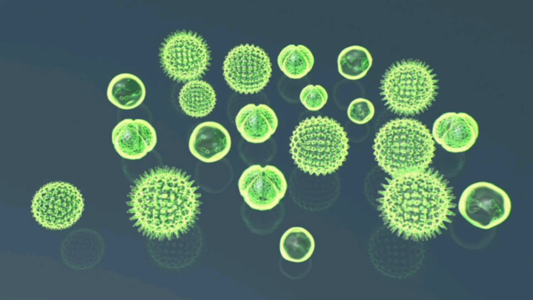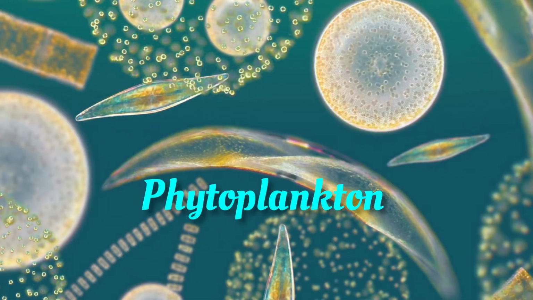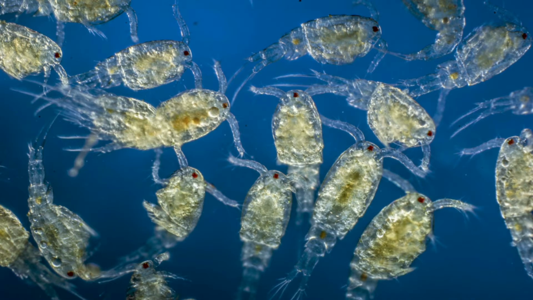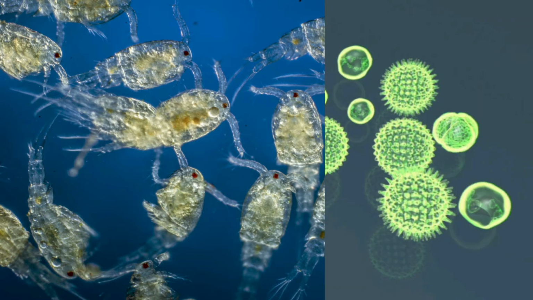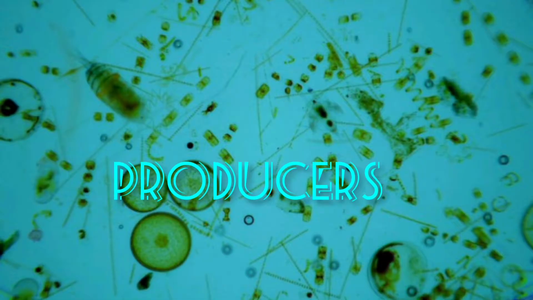These are microscopic organisms floating freely on the water surface. Plankton are again classified into 2 types, zooplankton and phytoplankton. Zooplankton are the microscopic animals found freely floating on the surface of the water, that is the protozoans. They are primary consumers of the aquatic ecosystem. While the phytoplankton are the microscopic aquatic plants, they form the producers of the aquatic ecosystem.